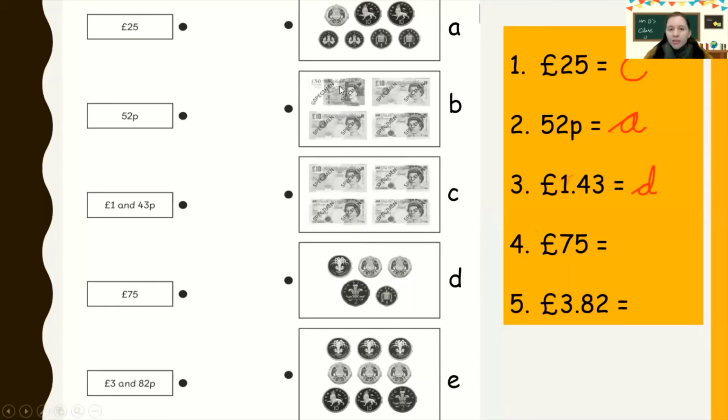So we've got £50, add 10, so we're just counting in tens now, 50, 60, 70, stop! 70 add 5 is 75, so £75 is B. Which must mean that £3.82 is E, but let's check. £1, £2, £3, 20, 40, 60, add 10 is 70, add another 10 is 80, add 2 is £3.82.